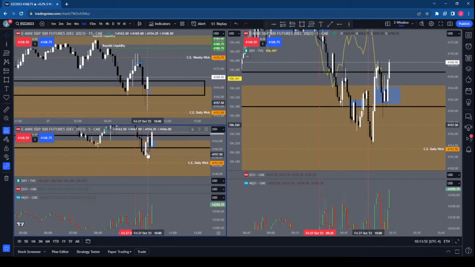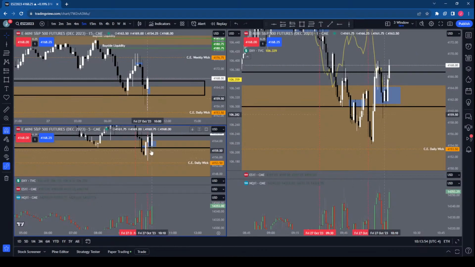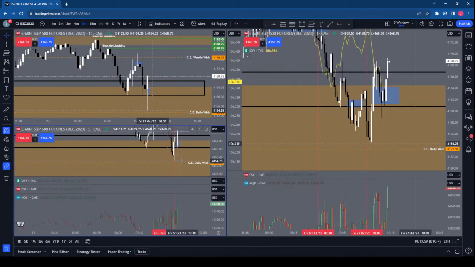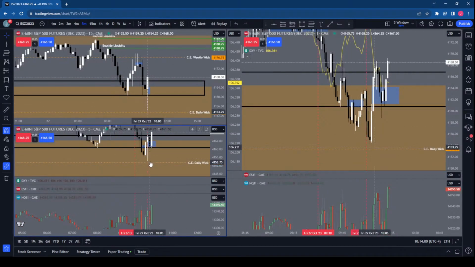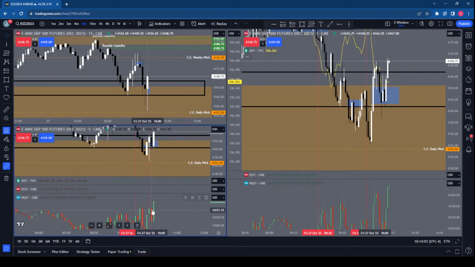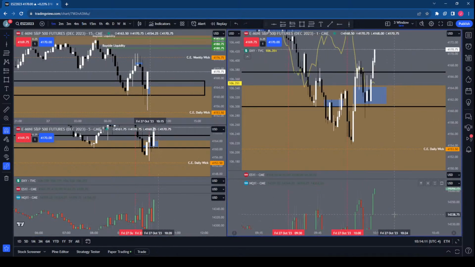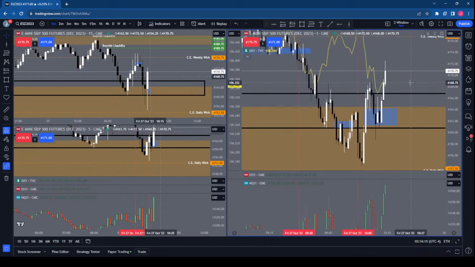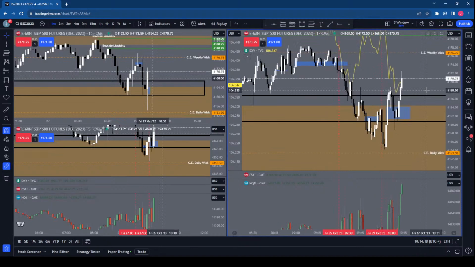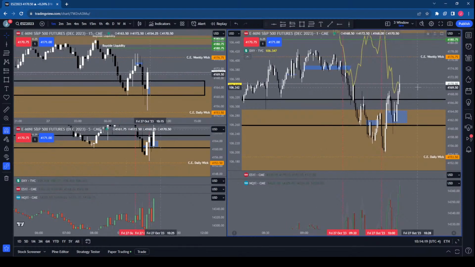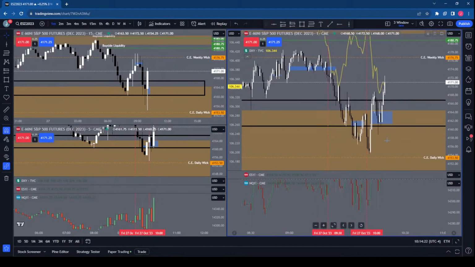This swing low right here on the ES 5 minute is a pretty significant low. But at the same time, it is a pretty significant high on NASDAQ. Yeah, ES looked a little more tradable than NASDAQ did.